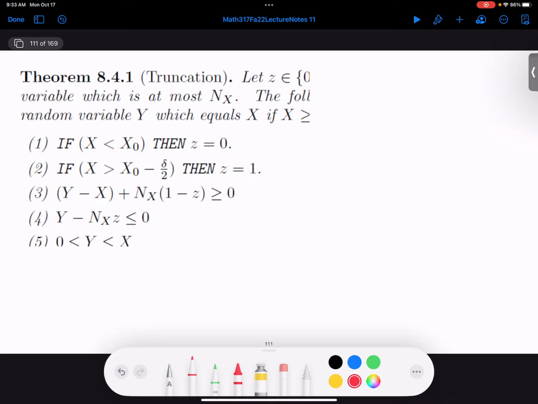So theorem 8.4.1 truncation. Let Z be in 0, 1, yeah, right? Let Z maybe be a binary variable, which is at most NX. What do you think comes next?